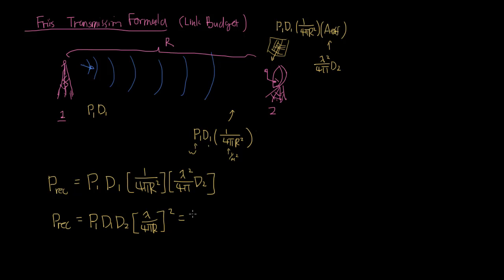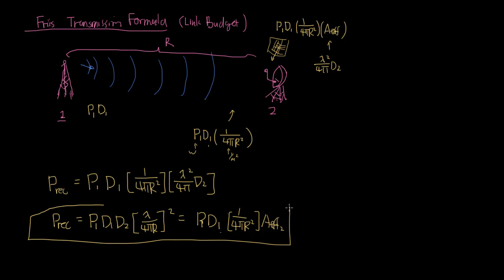Going back, let me just write this equation here so that we have it all together, which is P1 D1 times 1 over 4 pi r squared, and then the effective area of the receive antenna. So this is the Friis transmission formula. And the main thing that I want you to observe is that if you walk through this process, you can kind of see the logic.